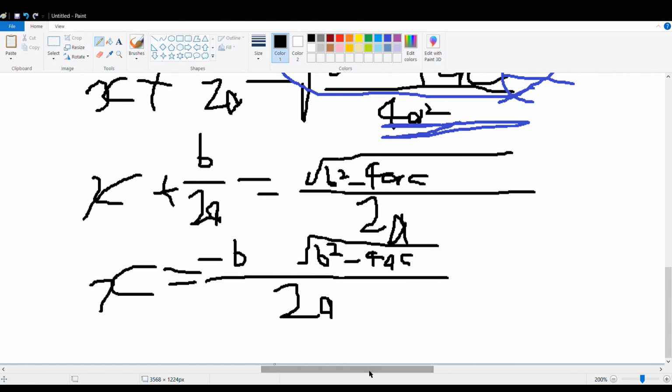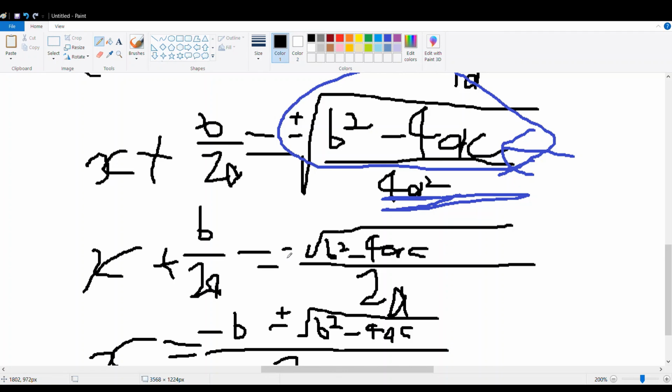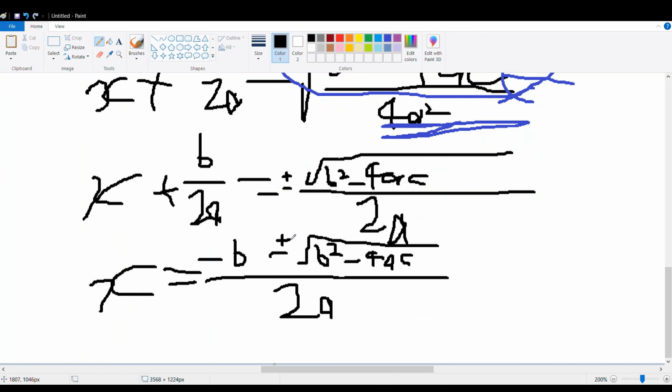And they'd be wrong, because what you're actually supposed to do is go all the way up to here and then put in the plus or minus. You definitely do not put the plus or minus in as soon as you square root both sides. You always just leave it ambiguous up until you necessarily need to make it more clear.